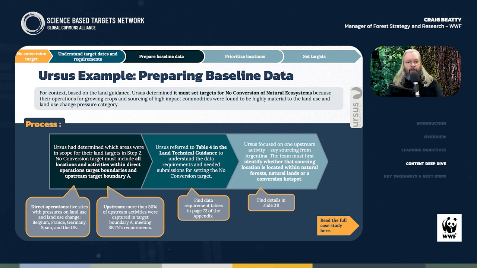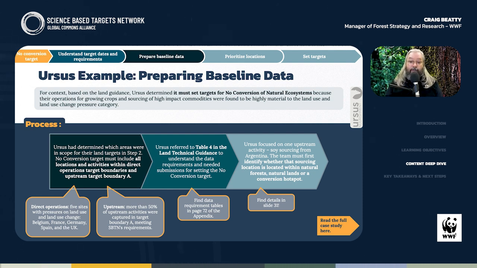The team is aware that no conversion target must include all locations and activities within their direct operations target boundary and upstream target boundary A, to avoid leakage of conversion to other locations within the company's sphere of control or influence. These target boundaries were already determined in Step 2, so the team refers to their previous work to determine which areas are in scope for their no conversion target.